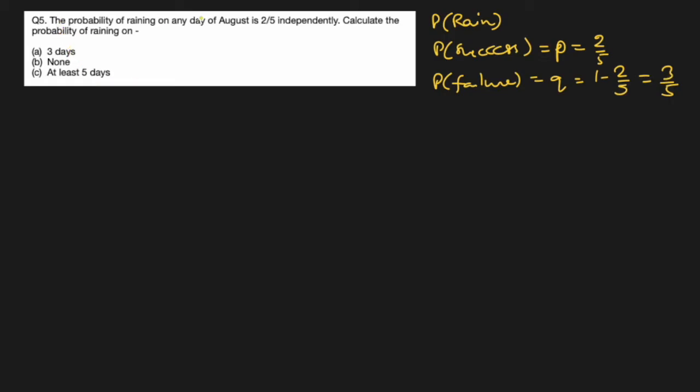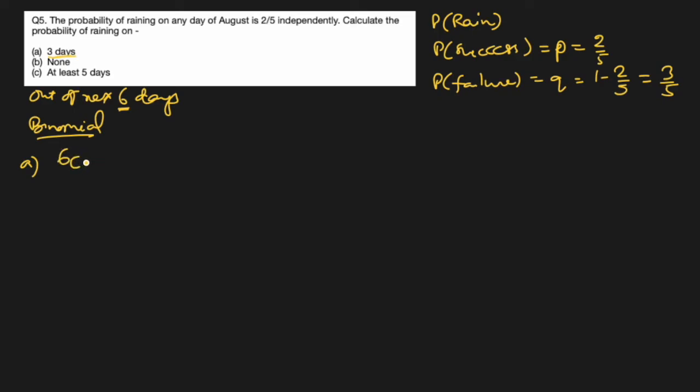Calculate the probability of raining on 3 days out of the next 6 days. So whenever we have a fixed number of samples, and for some of them we want success, some of them we want failure, we use binomial distribution. So for part A, we will use binomial distribution. And how do we do that?